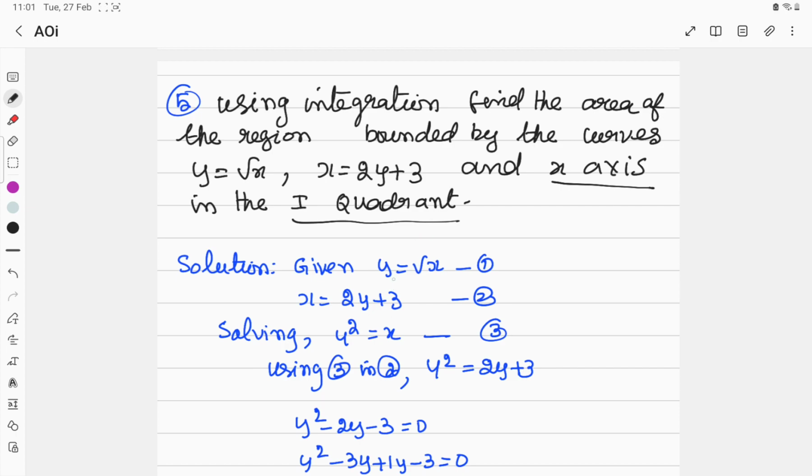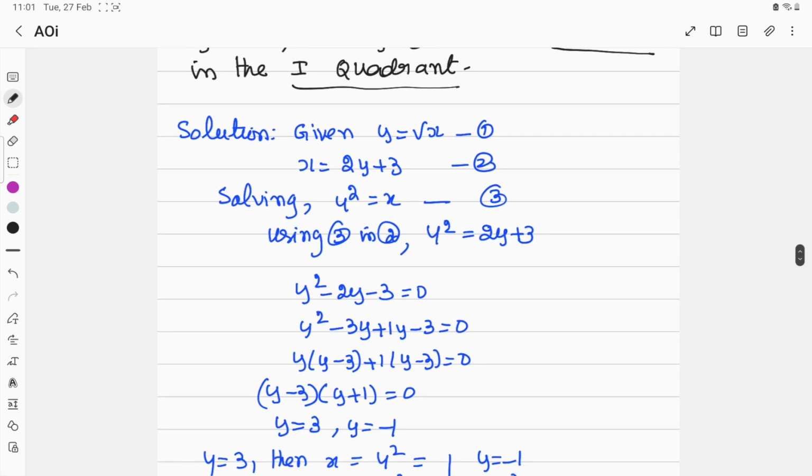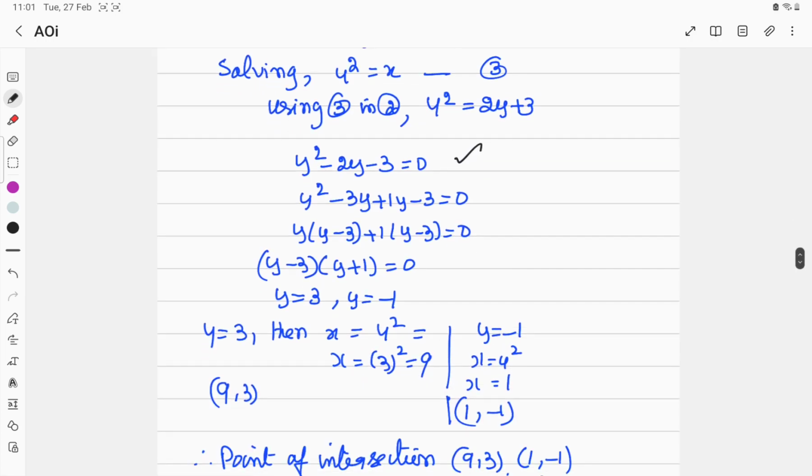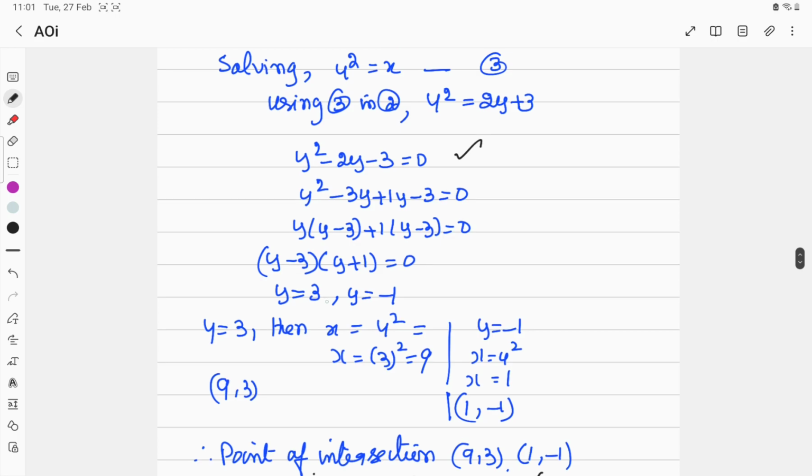Squaring y = √x, y² = x. Here substituting x = 2y + 3, we get y² − 2y − 3 = 0. On solving, y = 3 and y = −1. If we put y = 3, then x = 9.